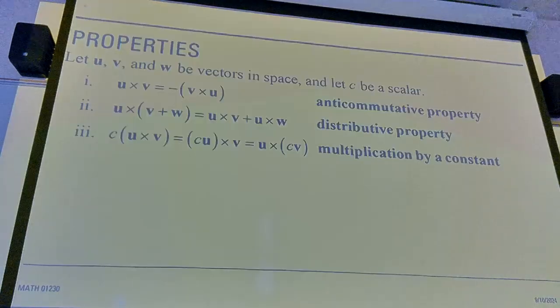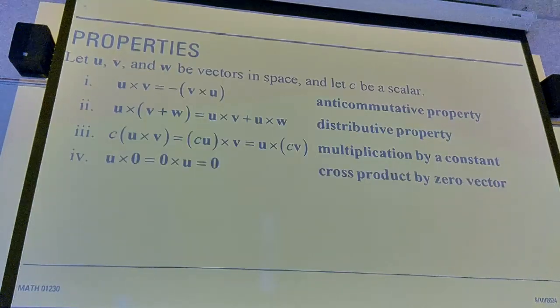By the way, a very underutilized property on both dot products and cross products. Any vector crossed with the zero vector is zero.